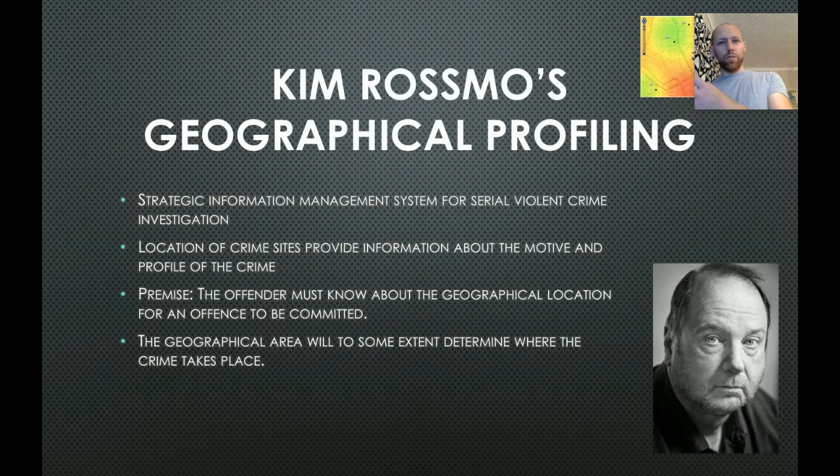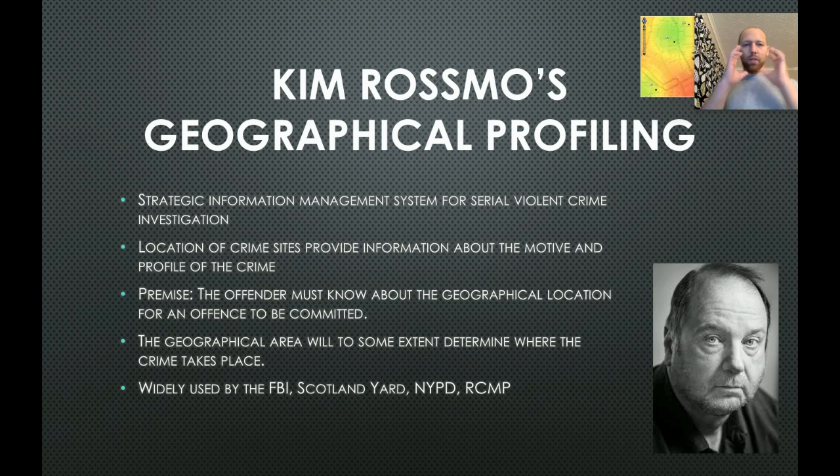So if there's a woods nearby, maybe that will be the location. This approach has been widely used by the FBI, Scotland Yard, the NYPD, and the Royal Canadian Mounted Police. So remember, if it's a widely used technique, that lends the method validity.